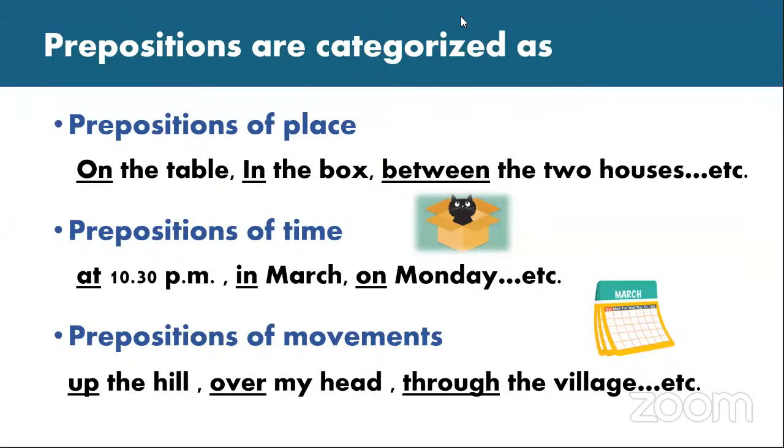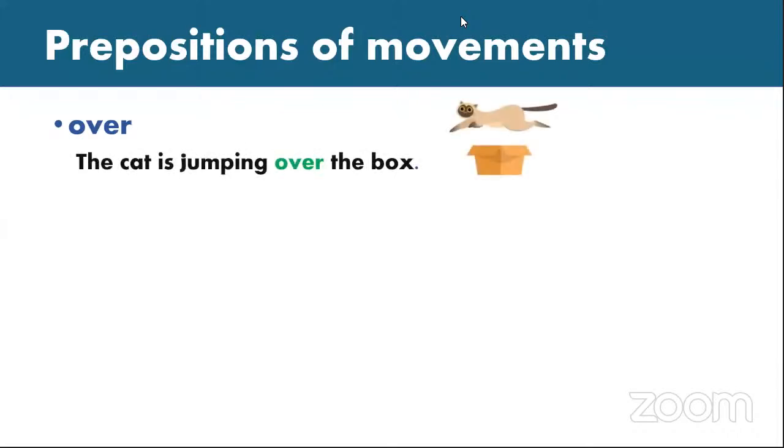By this time, you must have learned prepositions of place and prepositions of time. So today, I'm going to teach you prepositions of movement. Let's see one by one. Over. It is a preposition of movement.